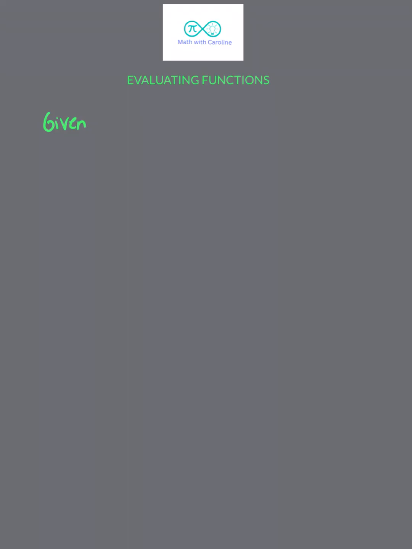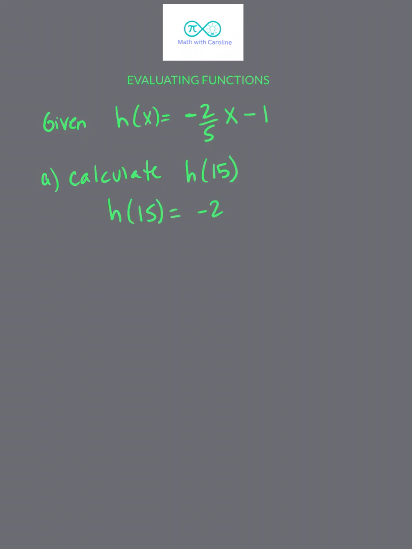So we know that we're going to substitute 15 in for x. Now we know that 5 goes into 15 3 times, so we can go ahead and simplify this.